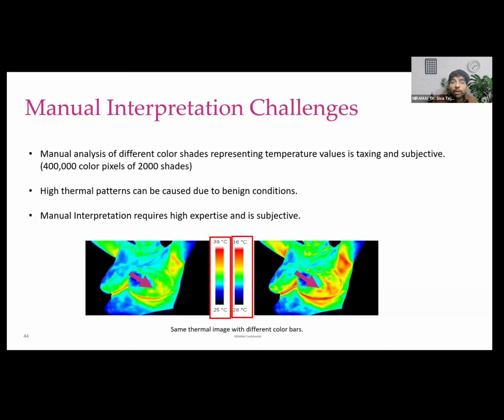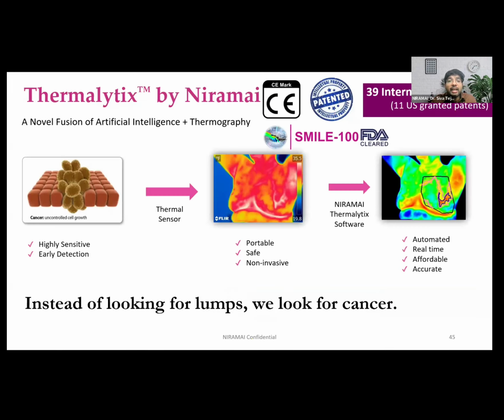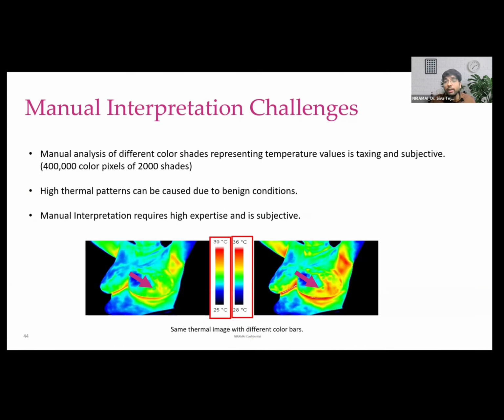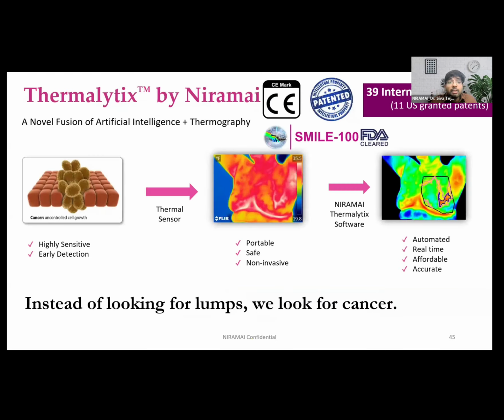And if you really want to measure these minute temperature values, AI is the leader in this, right? We can understand these temperature variations and then characterize them into a normal, benign or malignant heat pattern. So as Dr. Geeta pointed out, the main biology behind detecting breast cancer with thermal imaging is nothing but uncontrolled cellular growth. From the beginning, the tumor cells behave abruptly, with uncontrolled cellular division, and they require resources.